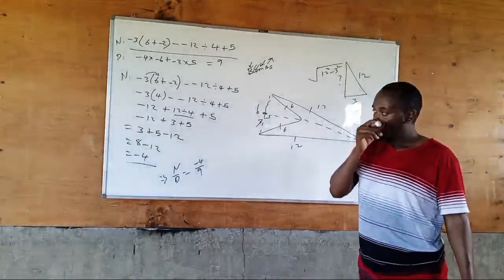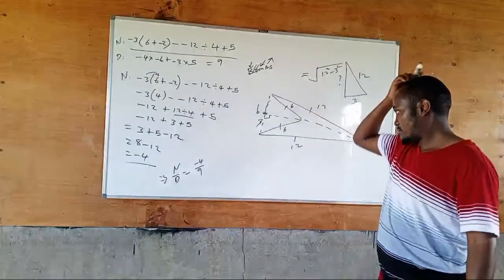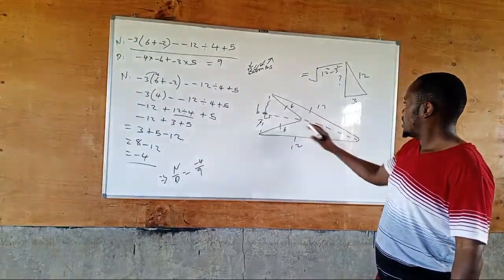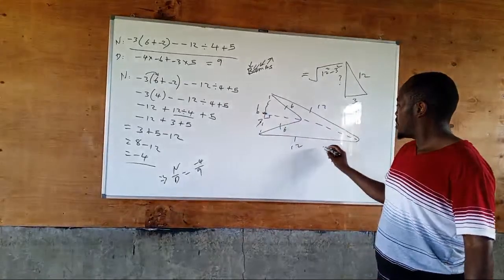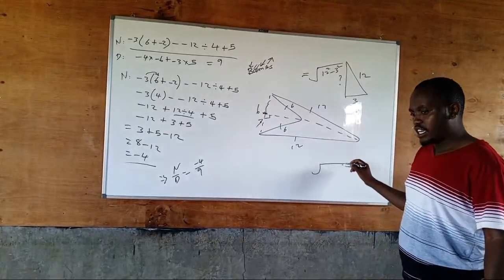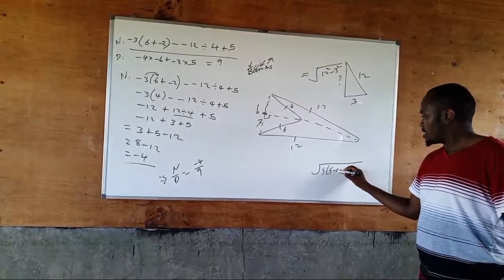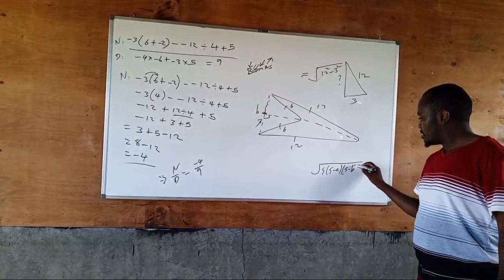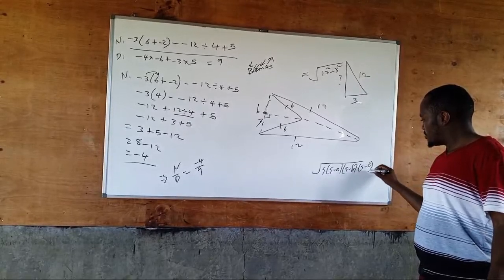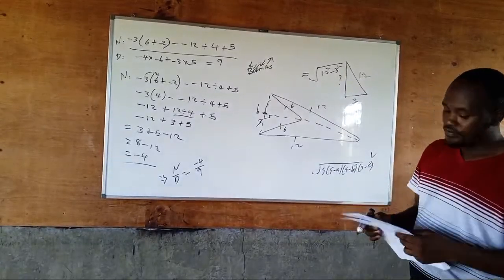And it will come out the same. Also, using these 6, 12 and 12, you can use Hero's formula, that of S minus A, S minus B, S minus C. You can be able to do it.